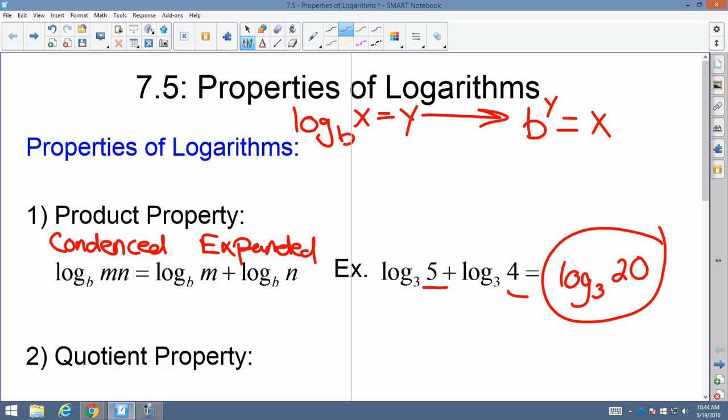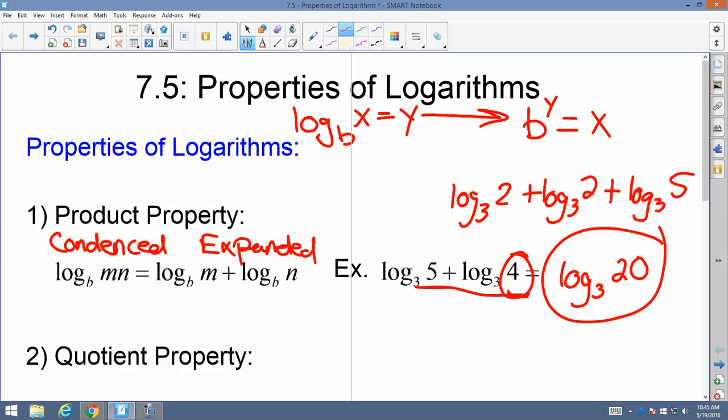But you could break it down to its primes. This really isn't totally expanded all the way because of that. So 20, if you really wanted to expand that properly, it'd be log base 3 of 2 plus log base 3 of 2, plus log base 3 of 5.